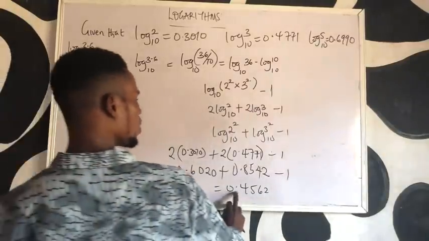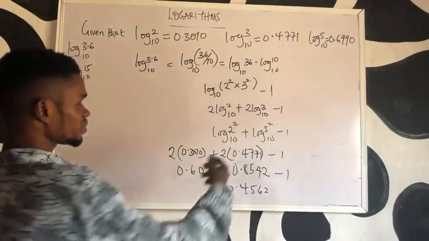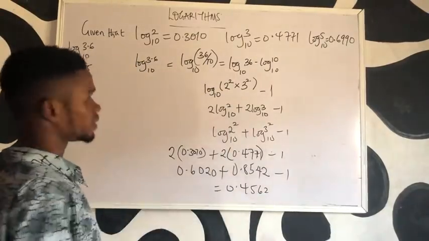But here we have 0.4562. That means we need to look back again.